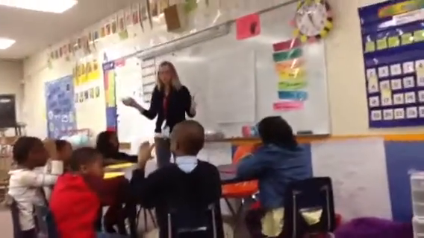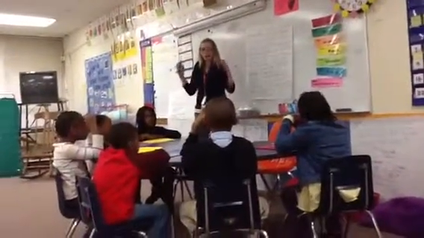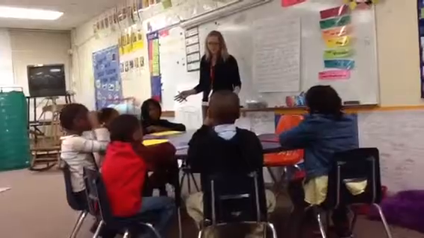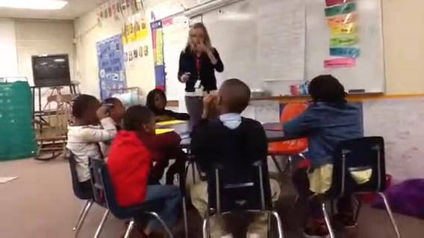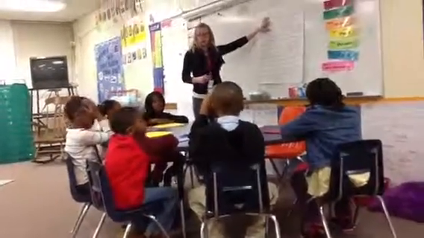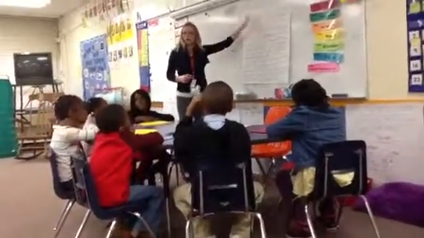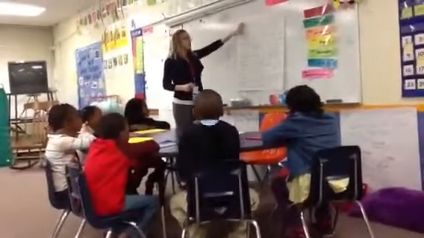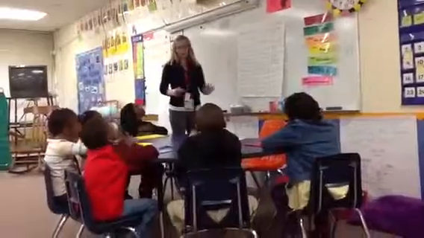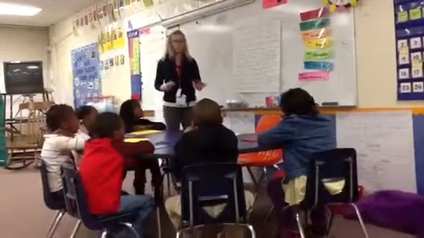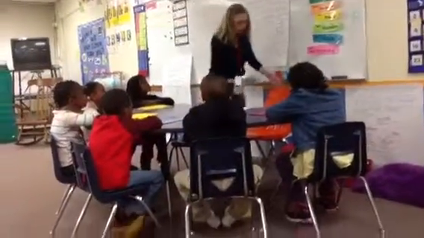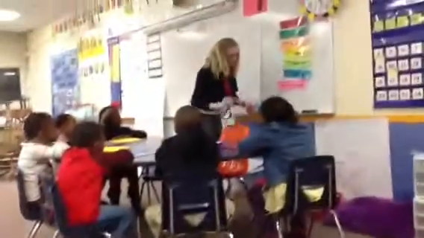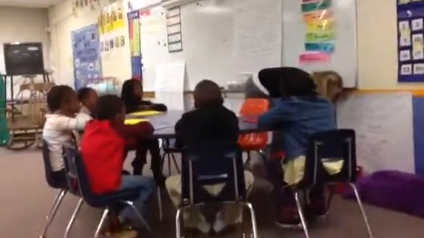Because finding the main idea for a whole book, Jason, that's a lot to do, isn't it? Yeah. So we're just going to find it for a piece. I'm going to show you how to do it, okay? I'm going to model for you my thinking. I'm going to read the first paragraph up here. Are you ready? Yes. Okay. Now, I'm also going to get 2 colors of markers.